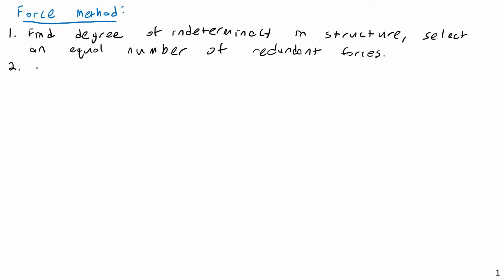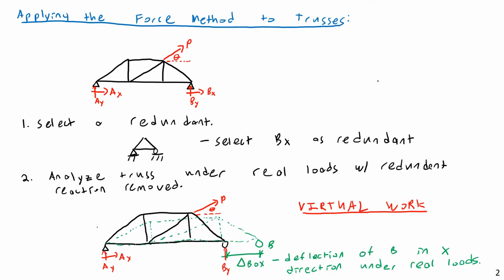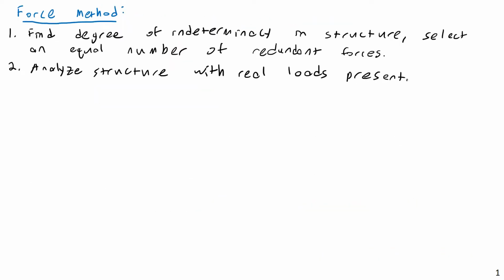Second, I am going to analyze the structure with real loads present, but redundant reactions removed. So I want the real loads to be present, but the redundant reactions to be removed.